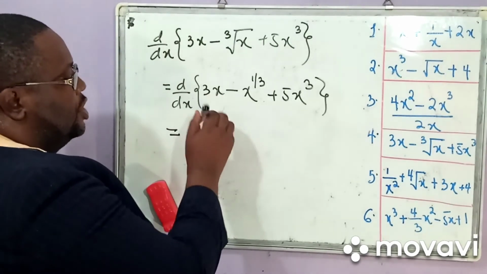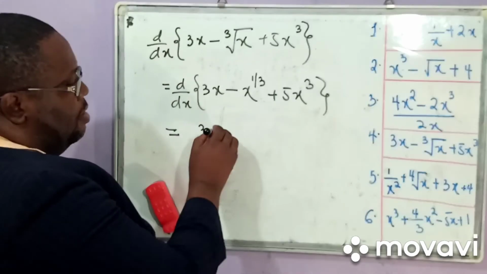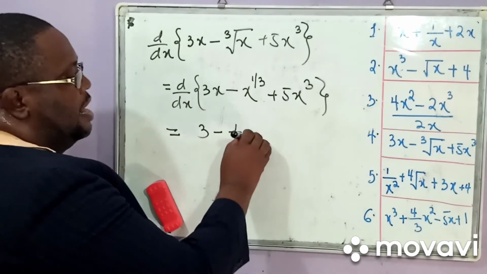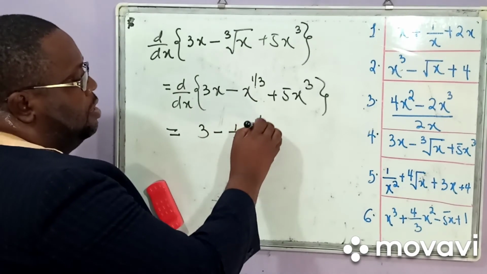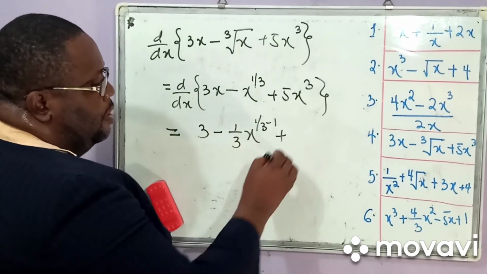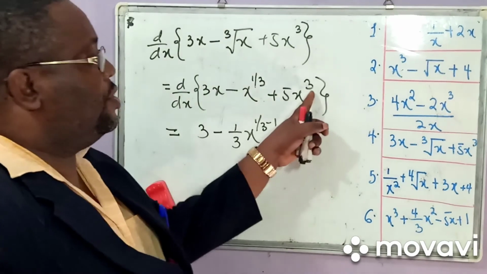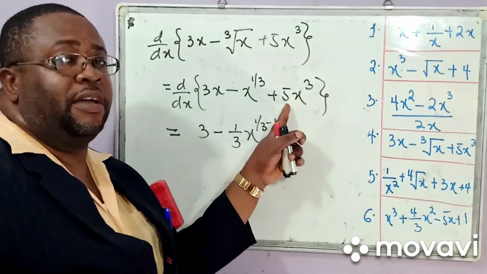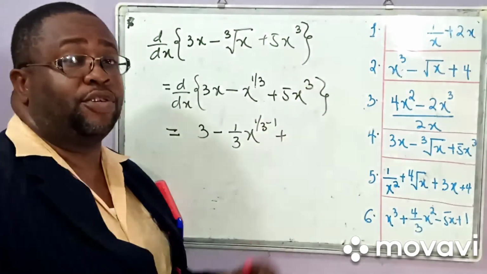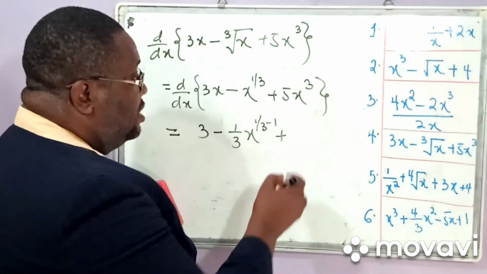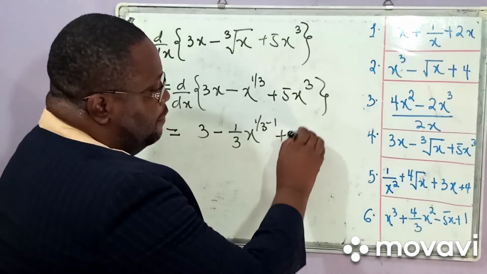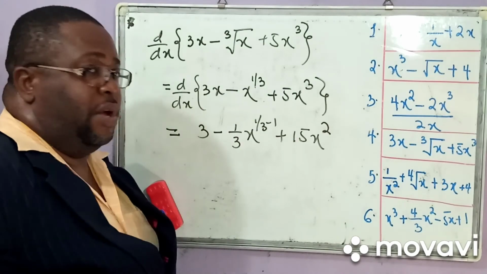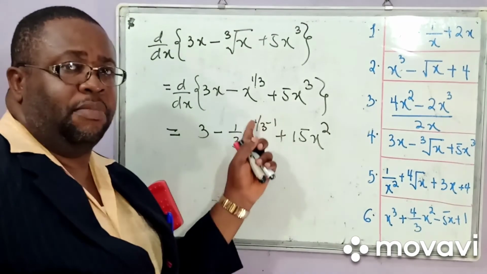When I differentiate 3x, I simply get 3 minus, I'm differentiating this, so I bring down 1 over 3, then I have x to the power 1 over 3 minus 1, then plus, this 3 comes down. From our last class, we studied this, 3 multiplied by 5 gives me 15, and then 3 minus 1 gives me 2. So all what I'm going to have here would be 15x squared.